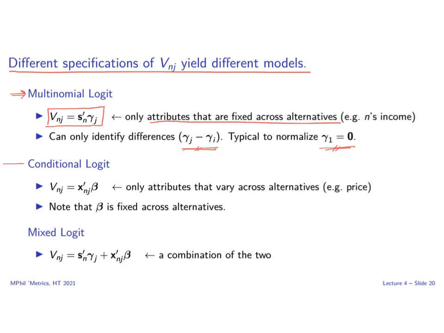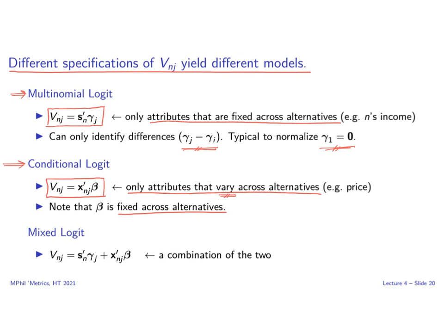The conditional logit model includes only attributes that vary across alternatives, so that v n j equals x n j prime times beta. Notice that the coefficient vector beta in the conditional logit model is fixed across alternatives, while the attributes x n j vary.